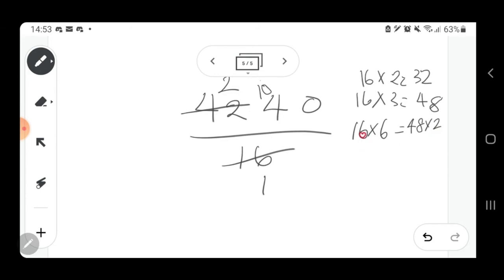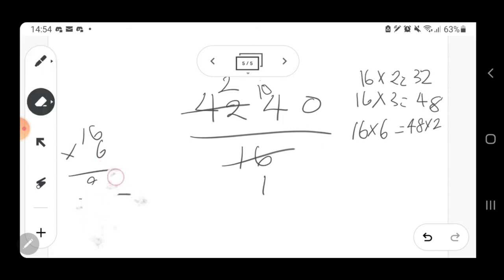Okay, so if 16 times 6, for those who may be struggling with how to multiply such question, I'll try as much as possible to repeat it over and over again so that you get used to it. 16 times 6, 6 times 6 is 36. I put a 6 down, remainder 3. 6 times 1, 6 plus 3, 9, 96.